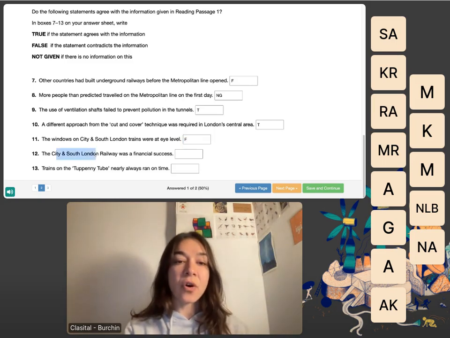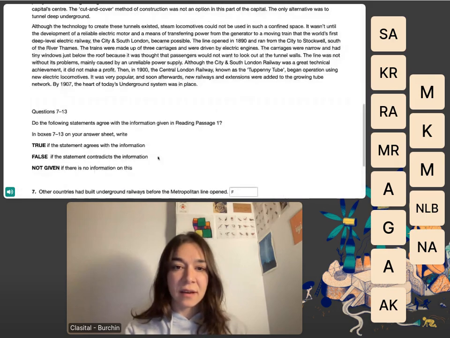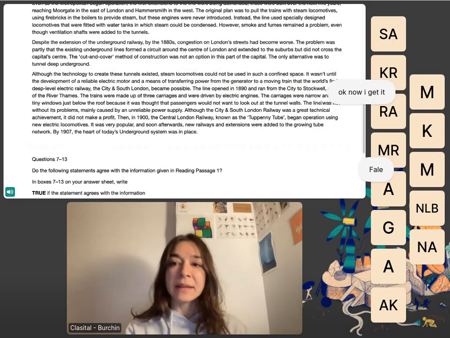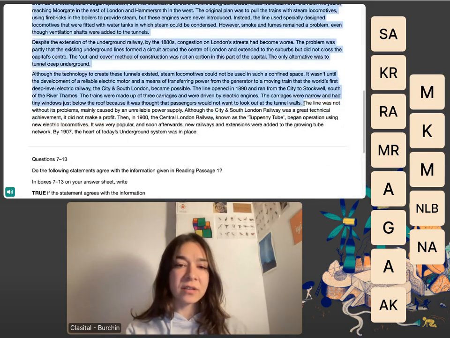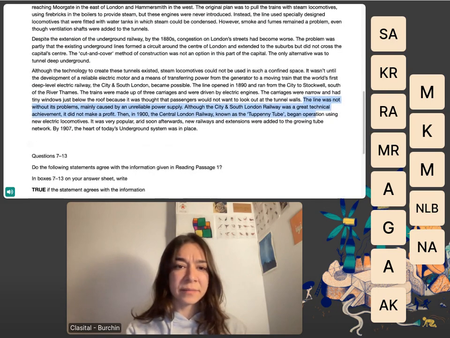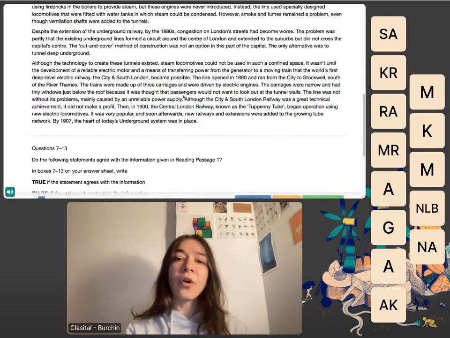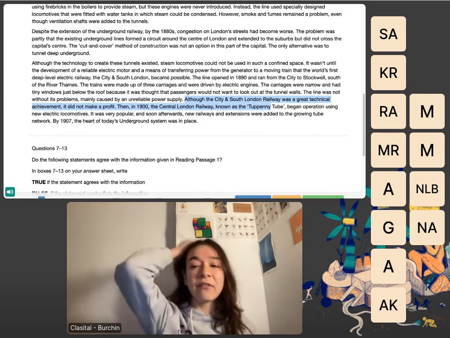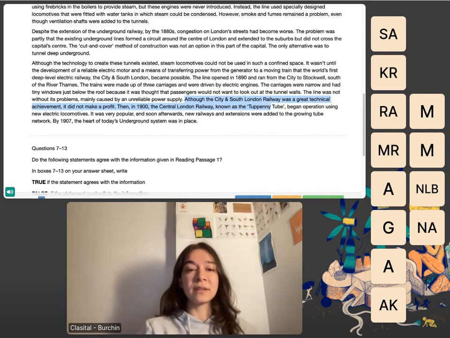The City and South London Railway was a financial success. Where were we? The line was not without its problem. Unreliable power supply was a great technical problem. Although the City and South London Railway was a great technical achievement, it did not make a profit.